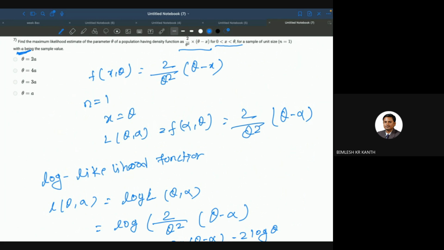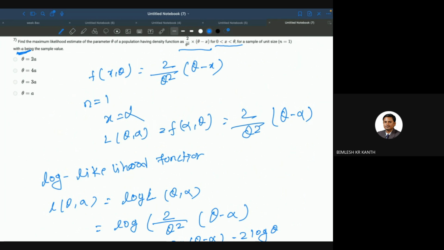For n equal to 1, x equal to alpha. So the likelihood function L(theta, alpha) becomes 2 by theta squared times theta minus alpha.